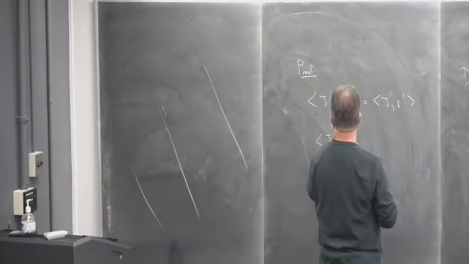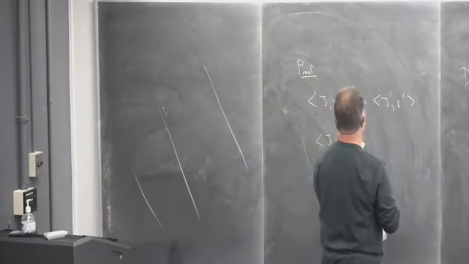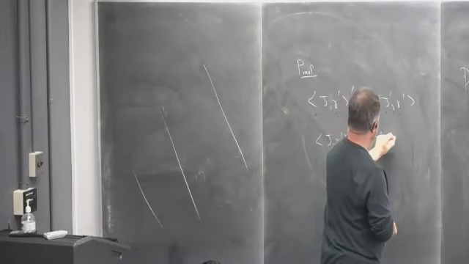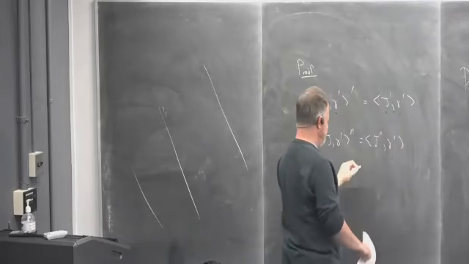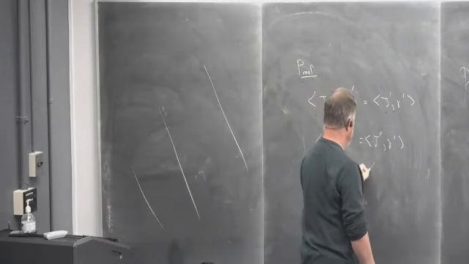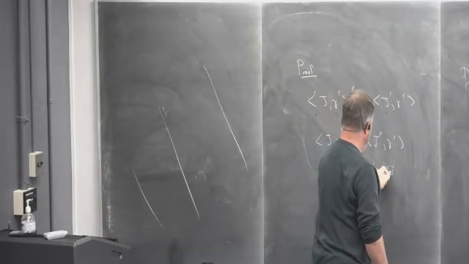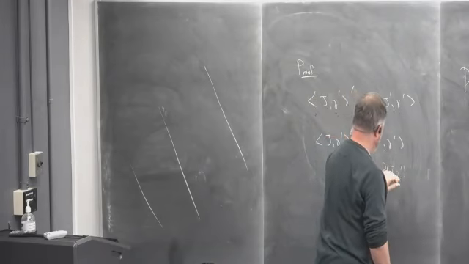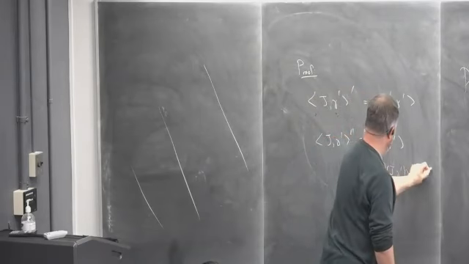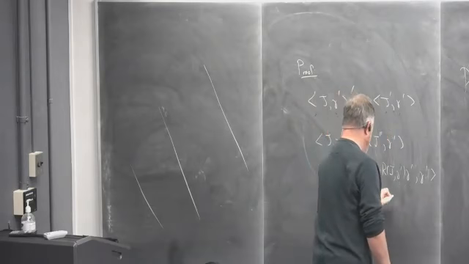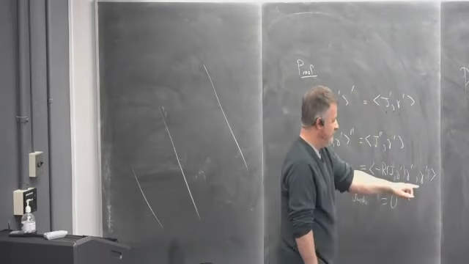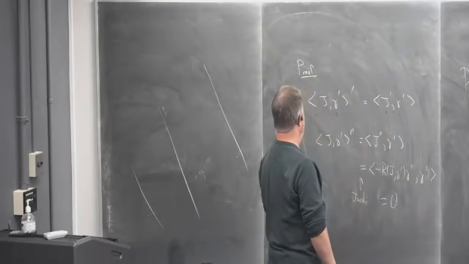And then if I differentiate again with respect to time, because gamma double prime is 0, I get this. And then by the Jacobi equation, this is minus R(J, gamma prime) gamma prime, paired with gamma prime. And this is 0 by the symmetries of the Riemann curvature tensor, since the last two arguments are the same.